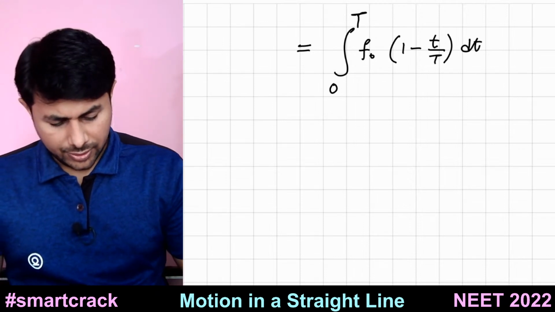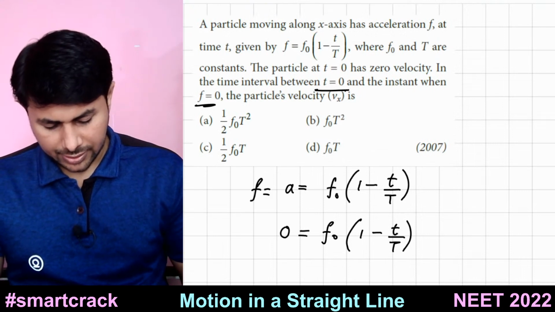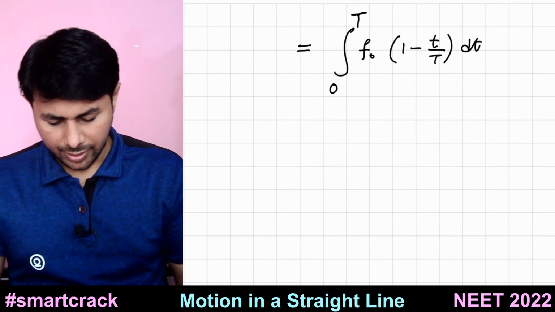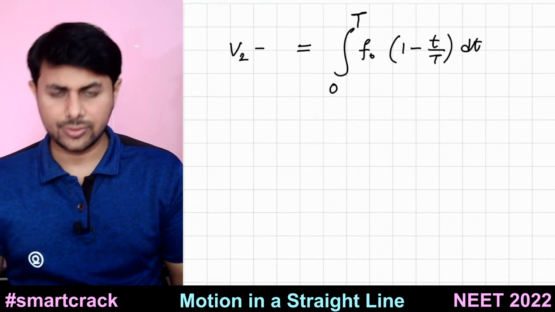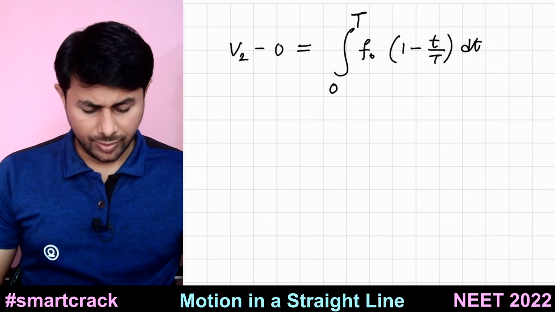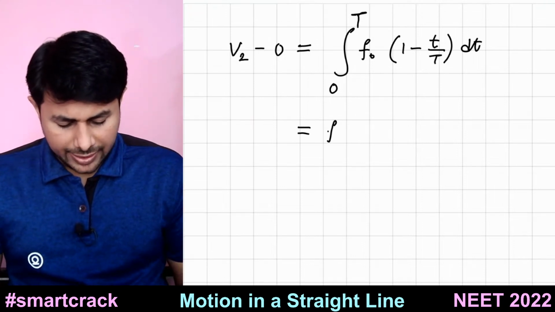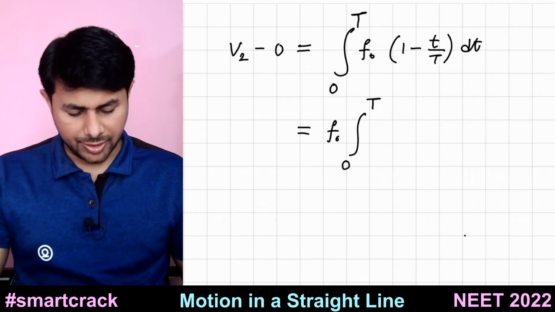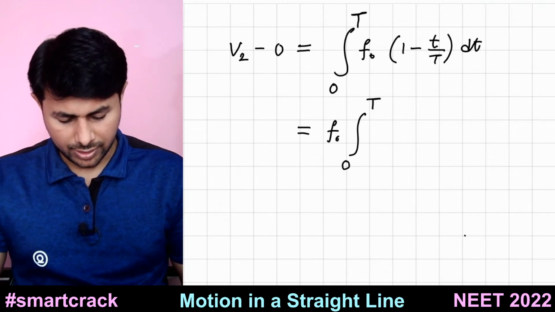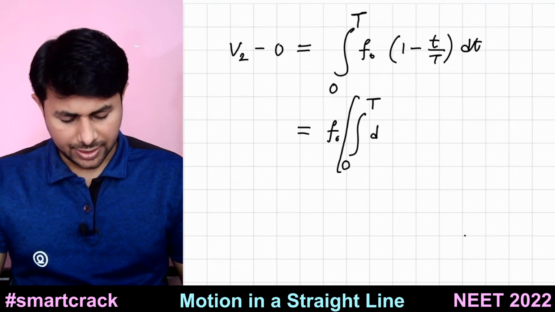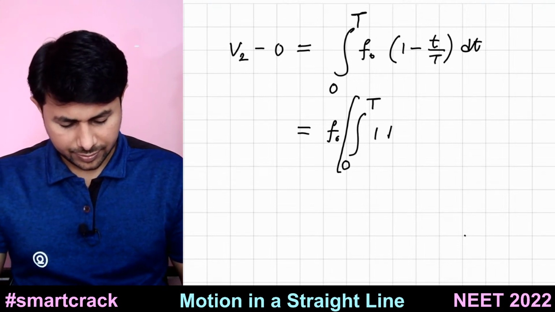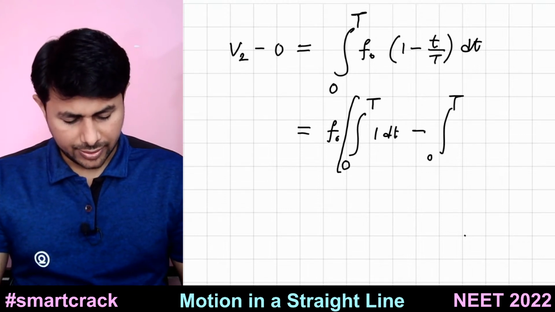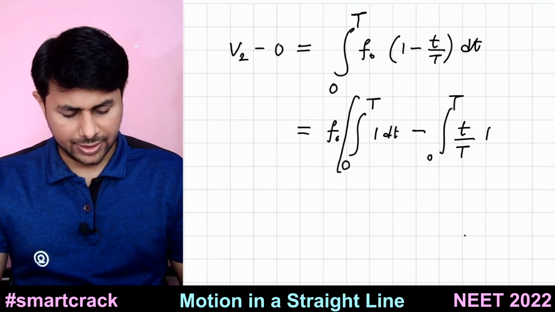Initial velocity is 0, it is given in the problem. So v2 equals to what? We'll find out. f naught we can take outside of the integral. So we have integral from 0 to T of this thing. We can separate it: integral of 1 dt minus integral from 0 to T of t upon capital T dt.